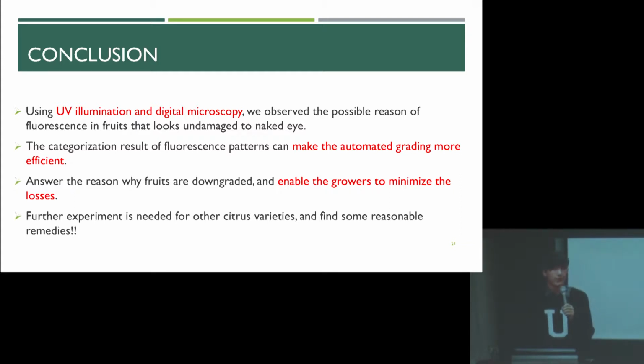And with the categorization of the fluorescence, we can make the grading more efficient, and also find the reason fruit will be downgraded, and we can enable growers to minimize the loss. Based on this experiment, I think further experiments will be needed for other species of citrus, and we can go further to find other possible remedies.